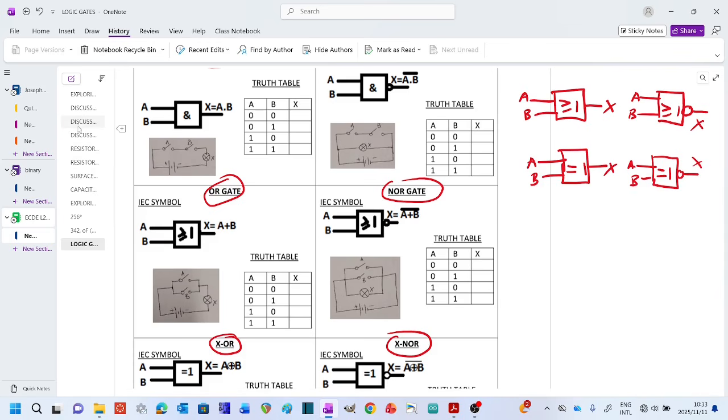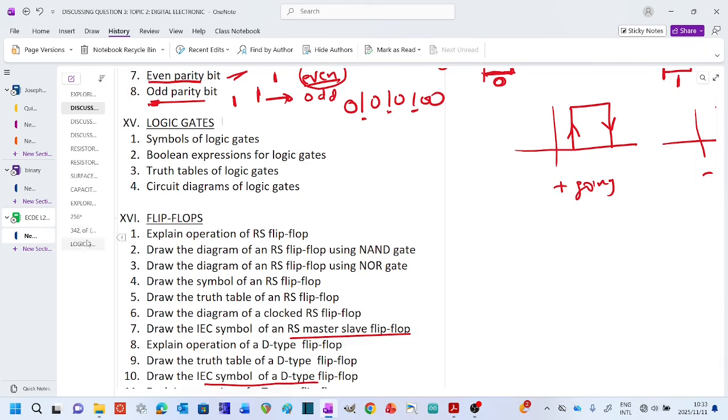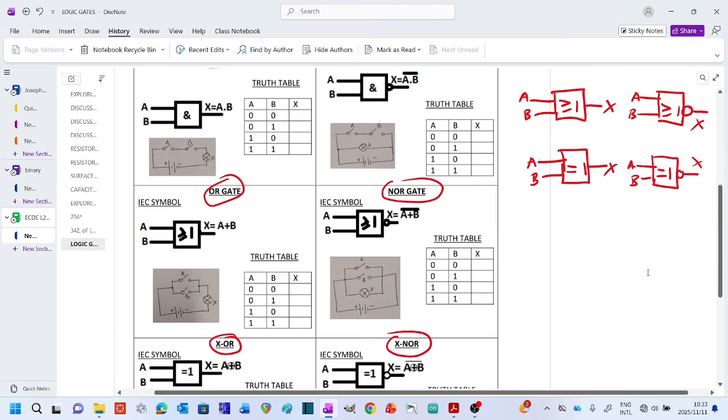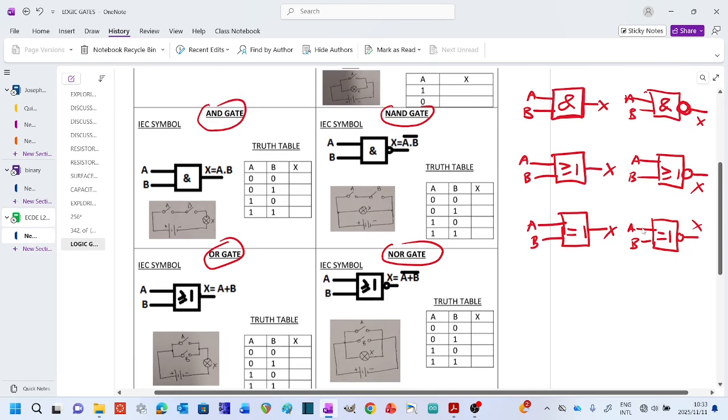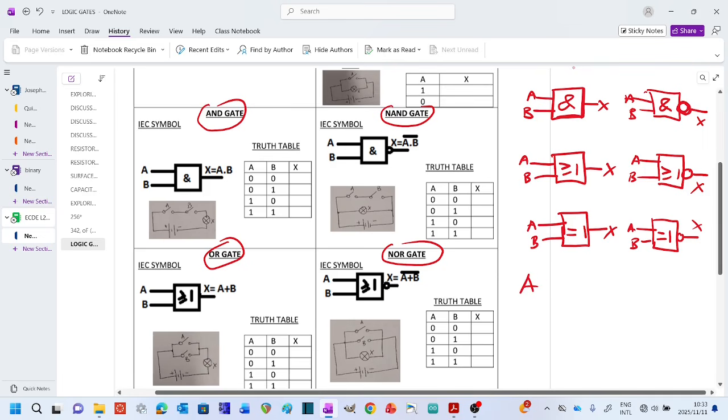The next thing you have to know about the logic gates is the Boolean expressions. Each output has an expression assigned to it. You can see in my note here there is a symbol. So what you have to know: AND means multiplication.